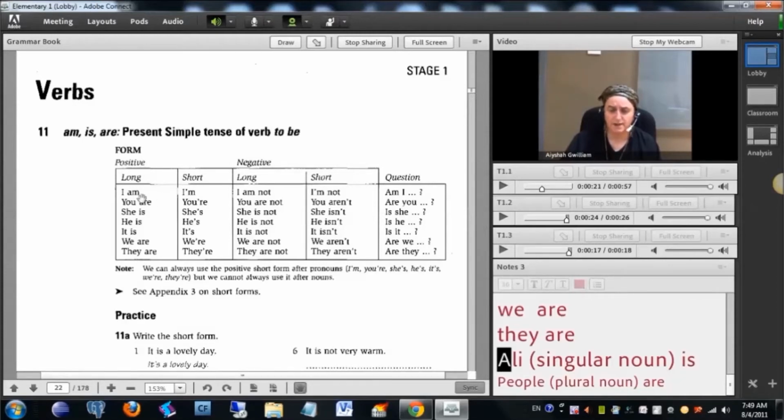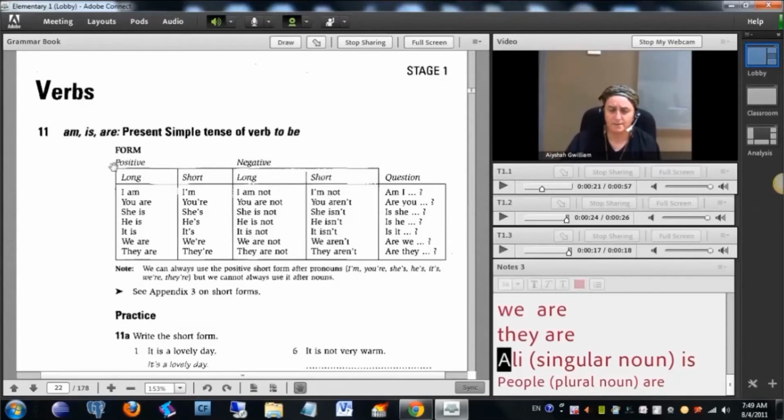You'll see I am becomes I'm. Remember that? You are becomes you're. She is becomes she's. He is becomes he's. It is becomes it's. We are becomes we're. They are becomes they're. Okay, these are the long and the short of the pronouns and the verbs to be.